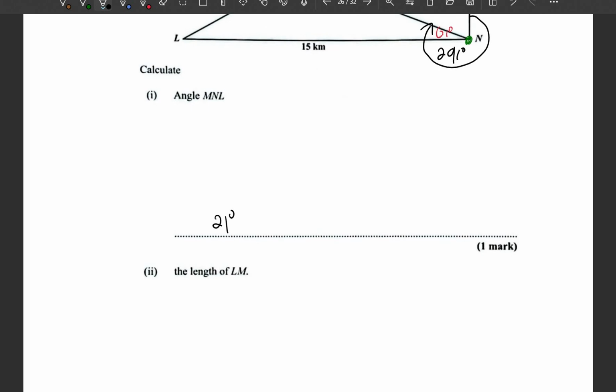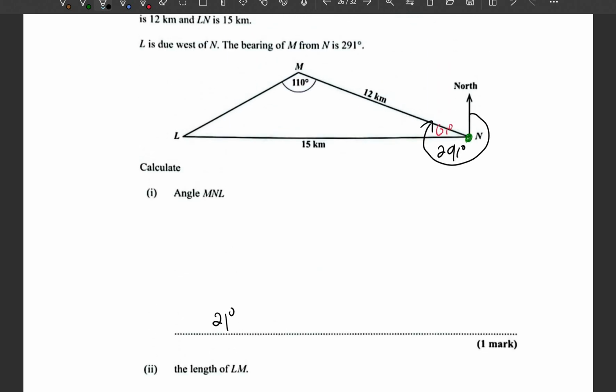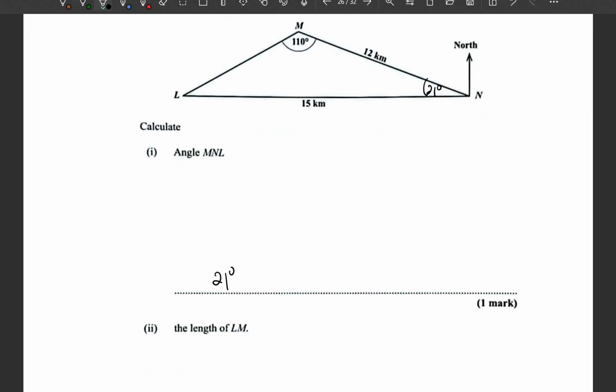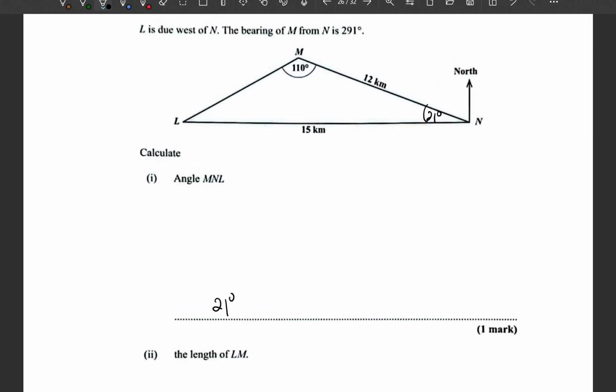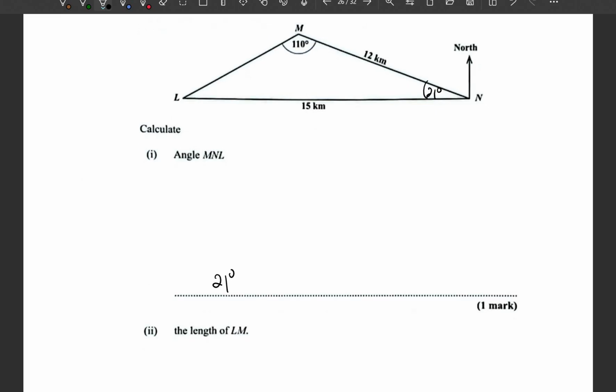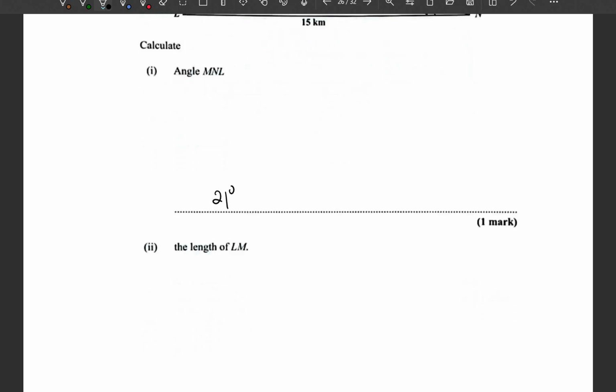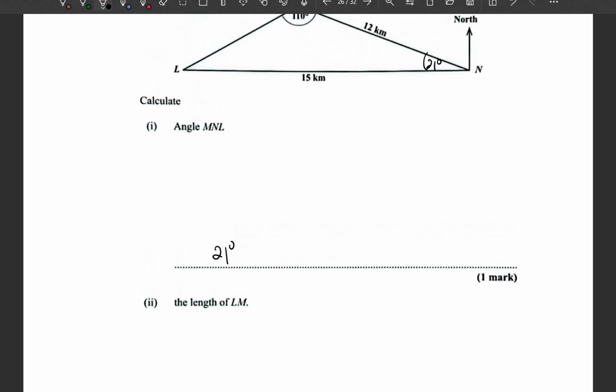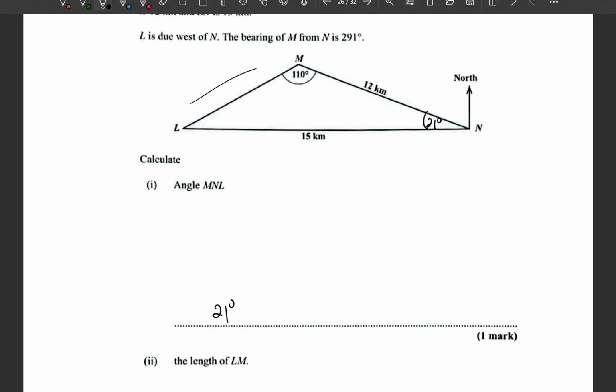Then they want us to find the length of LM. Right, so this is a non-right angle triangle. Our techniques for non-right angle triangles would be not SOHCAHTOA or Pythagoras, but either sine rule or cosine rule. Since we have two angles, we could go ahead and use the sine rule. So the unknown length, we would call that x.